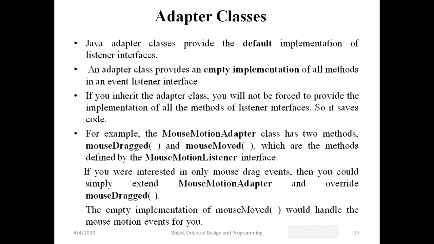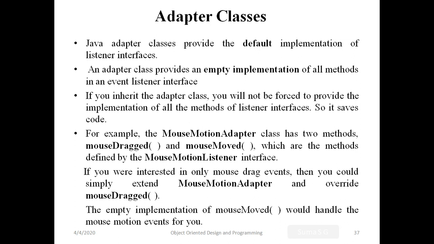For example, the MouseMotionAdapter class has two methods: mouseDragged and mouseMoved. The MouseMotionListener has two methods: mouseDragged and mouseMoved, right? If you use this listener, you are forced to give the implementation for both methods. But if you inherit MouseMotionAdapter in your class, you are not forced.